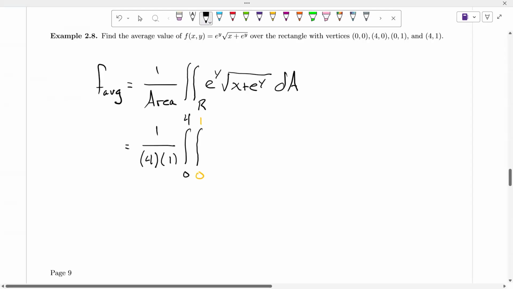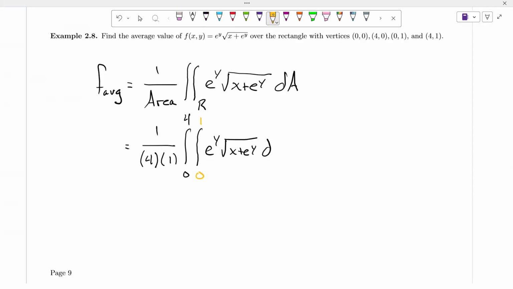I have e to the y root x plus e to the y dy first, and then dx. So this will be 1 over 4 times the integral from 0 to 4 of whatever I get when I evaluate y at 0 and at 1.